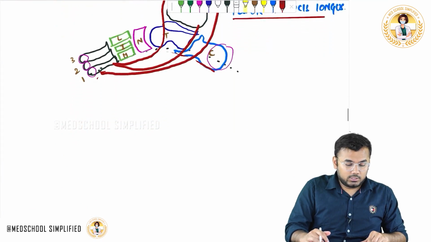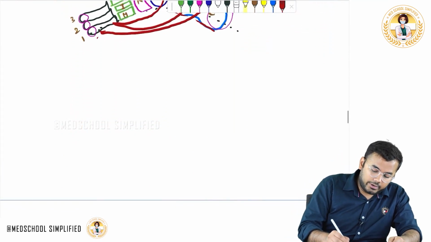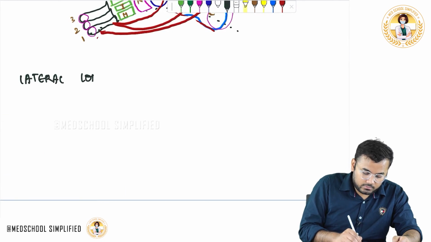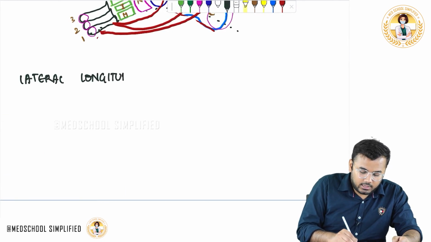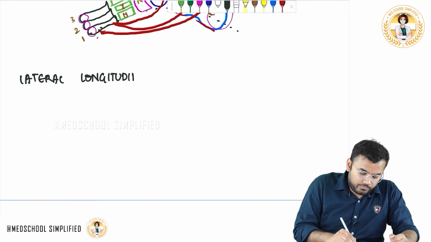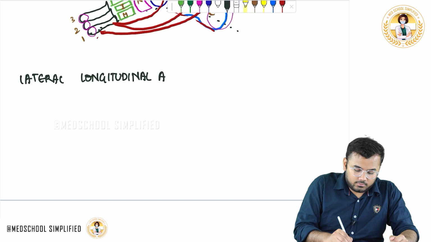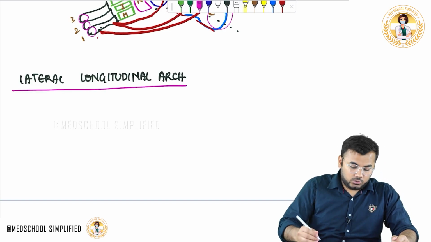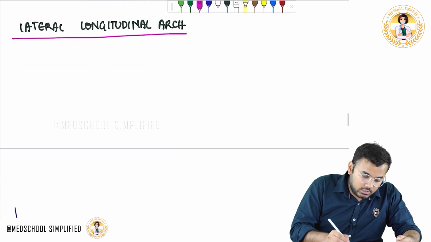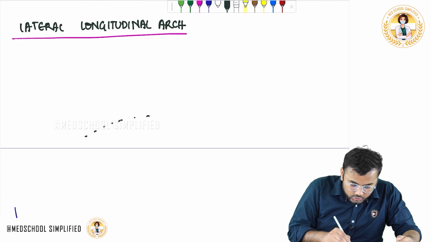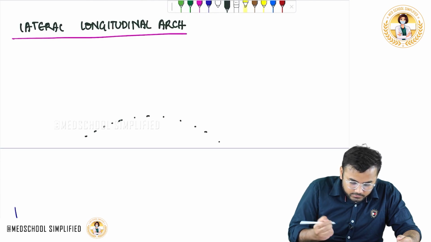Now we shall focus on the lateral longitudinal arch. In the lateral longitudinal arch we shall discuss the same things, then we shall make the differences between both of them. So let me make an arch over here first of all, right?